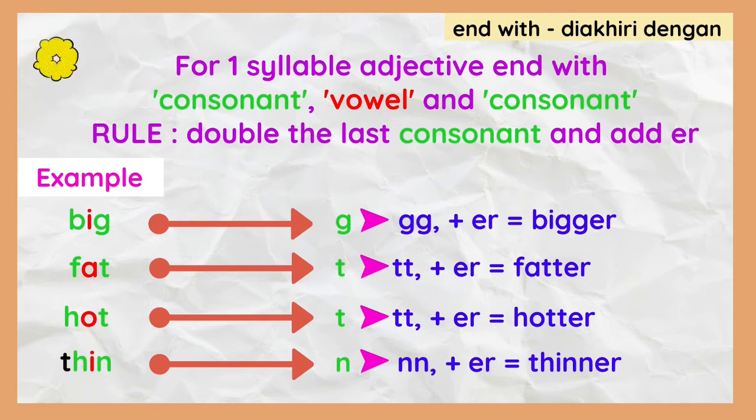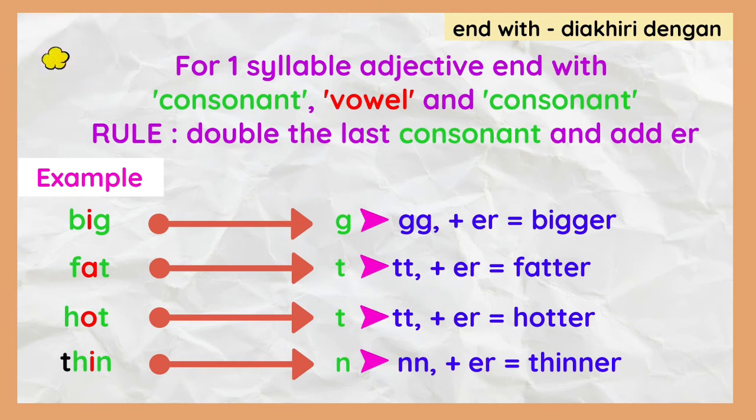Class, rule number 4. For one syllable adjective ending with consonant, vowel and consonant, we double the consonant and add er.